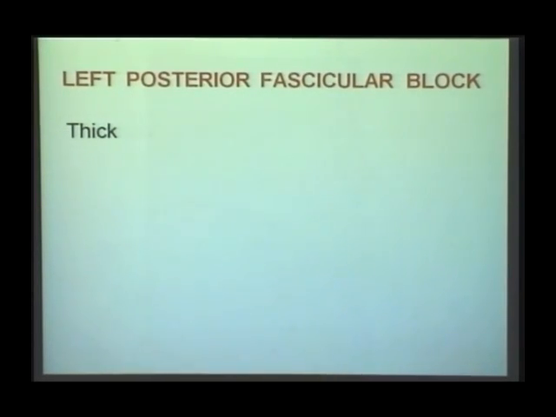That's why you will hesitate to diagnose left posterior fascicular block from the ECG. But you can easily diagnose left anterior fascicular block just by looking at the ECG itself. You must hesitate to diagnose a left posterior fascicular block because it is the last fascicle to be affected, because it is a thick fascicle. It has a dual blood supply from the right coronary artery and left anterior descending artery.